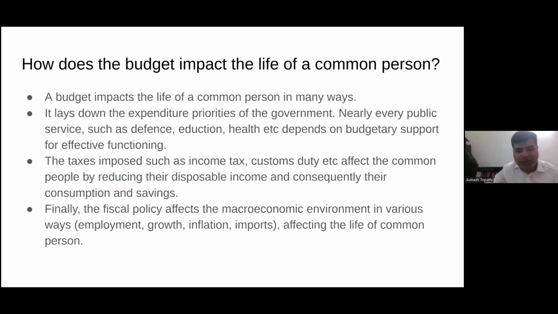And I should tell you one thing: when you look at the speeches made by the politicians, we care a lot about health, we care a lot about education, we care a lot about women empowerment. It is a good idea to always correlate it with their budget priorities, because quite often there is a divergence. There is quite a lot of divergence between the budget speech and the actual budget proposals.